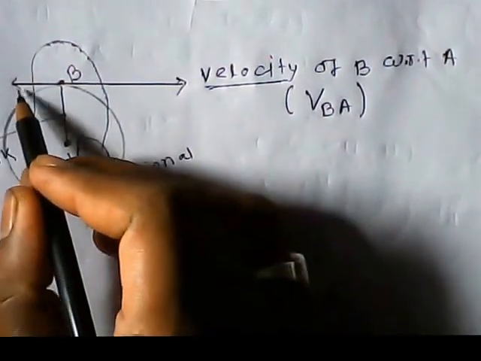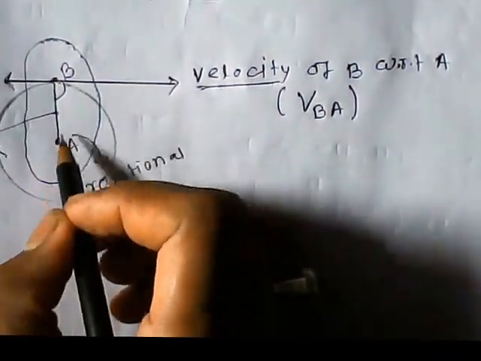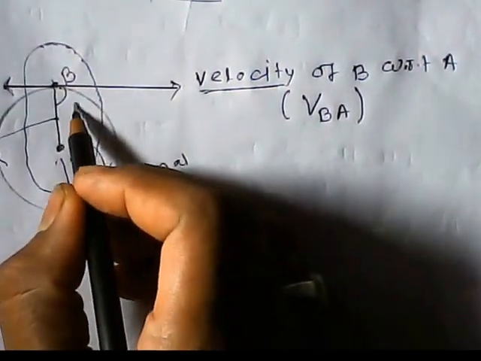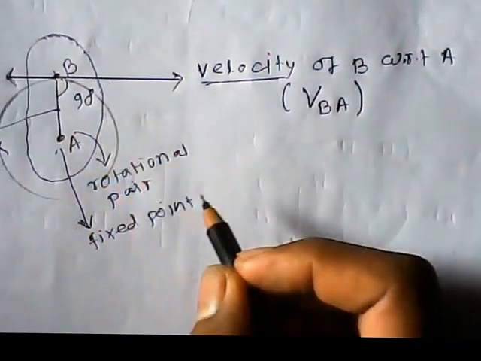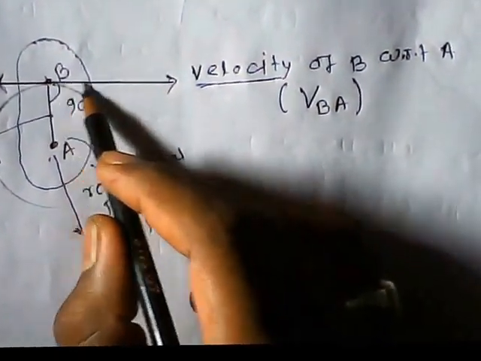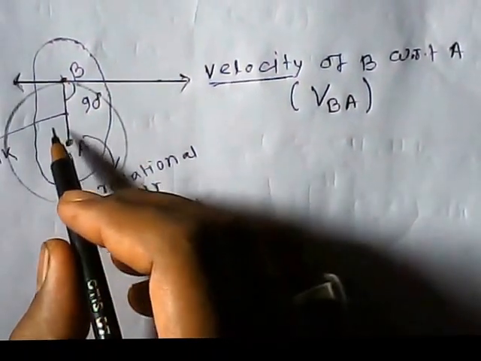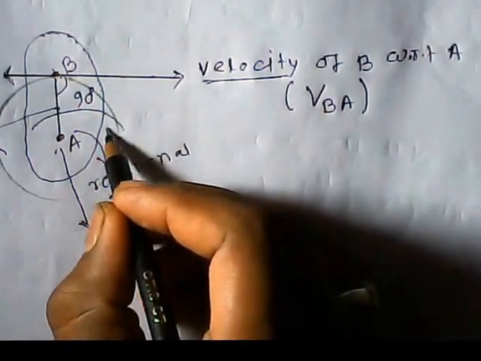So the velocity direction of the link AB at the B point, either right hand side or left hand side, depends on the rotation of the link AB. If the link AB rotates in clockwise direction, then the velocity direction is right hand side.